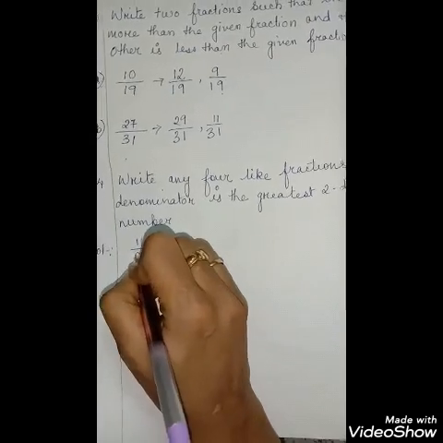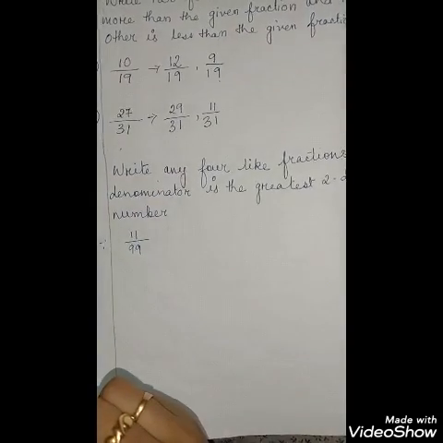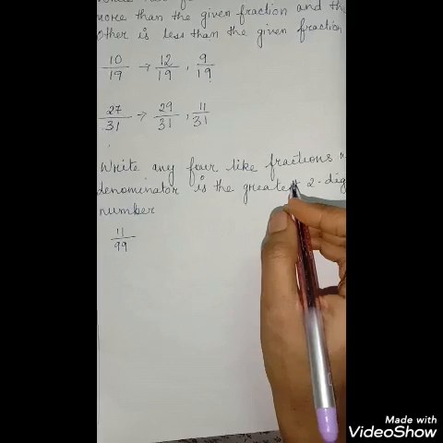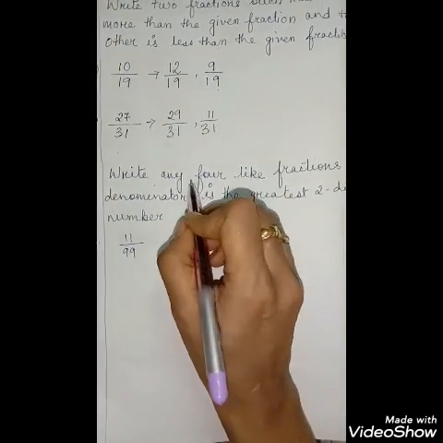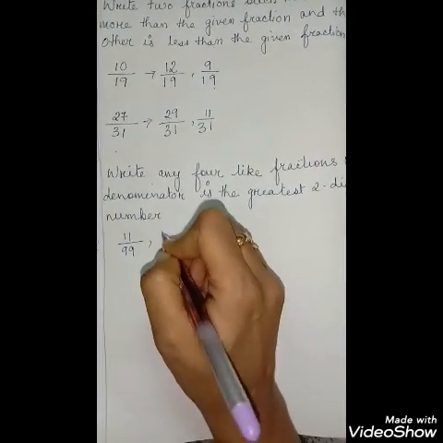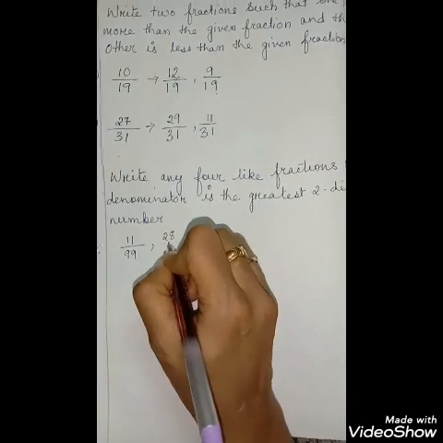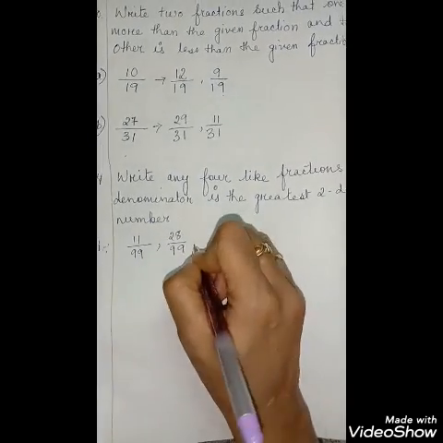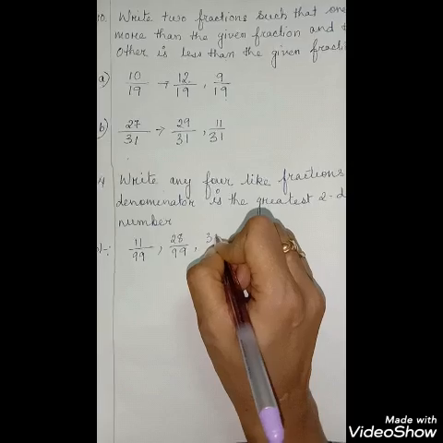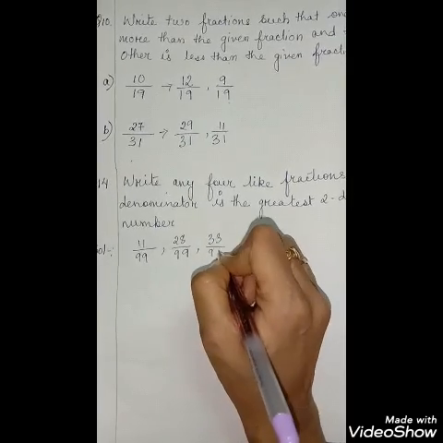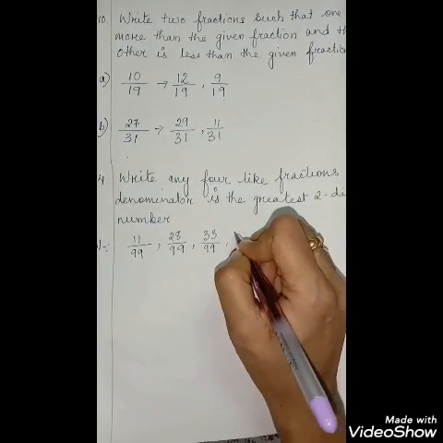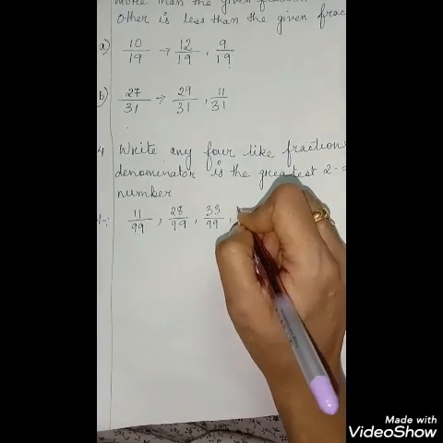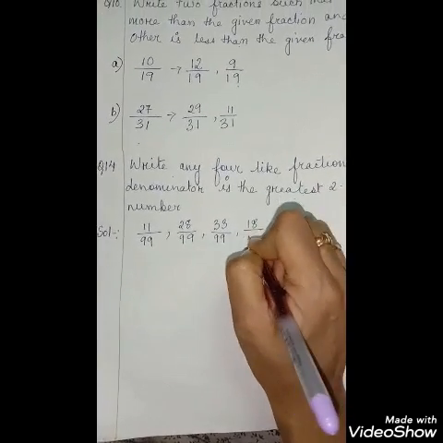We can write 11 by 99. Greatest two-digit number, 99. So we have to write four like fractions. Then we can write 28 by 99, 33 by 99, then 18 by 99.